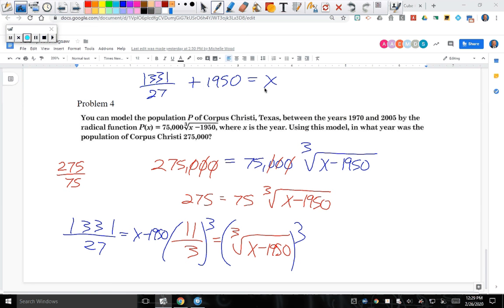Wait, why do we have to divide by 27? Because 3 cubed is 27. 49.263. And if we add 1950, we get about 1999.3-ish with some more added on that.